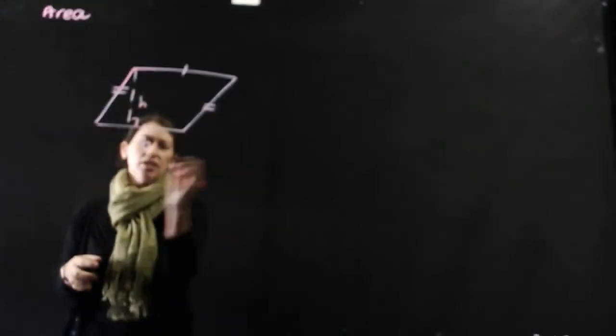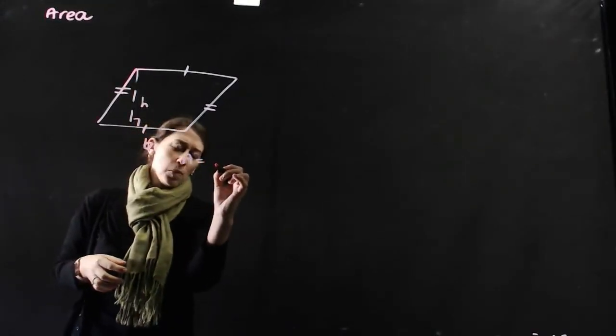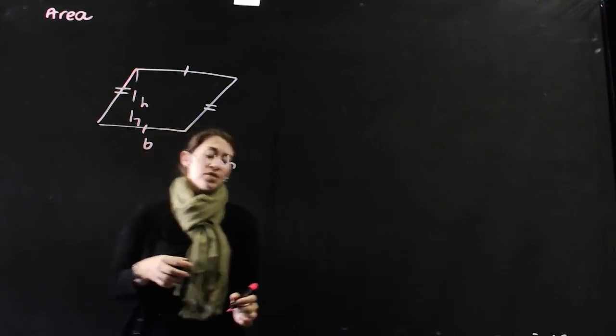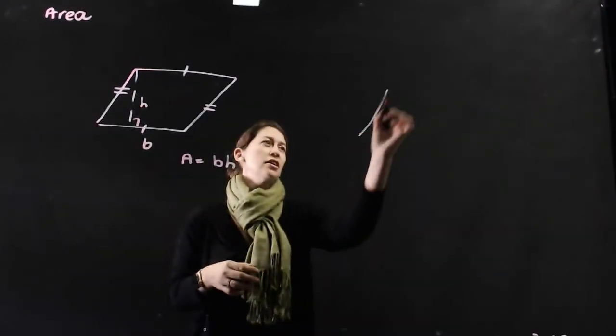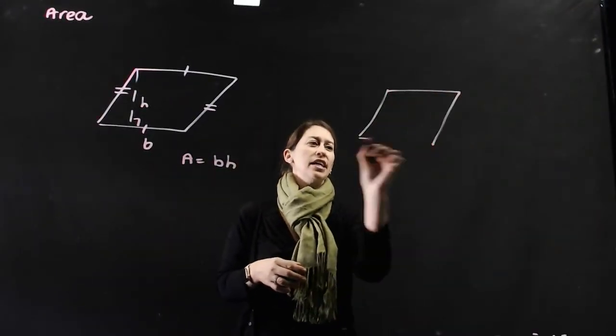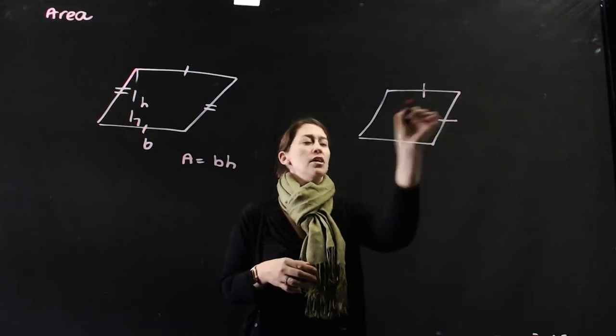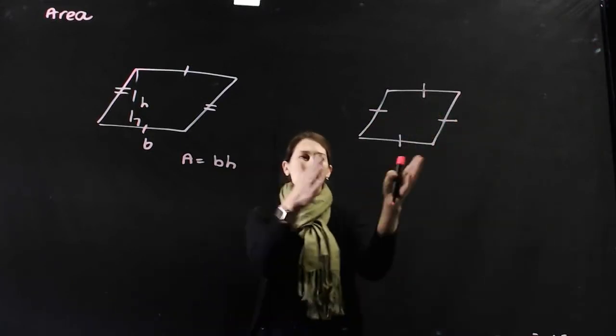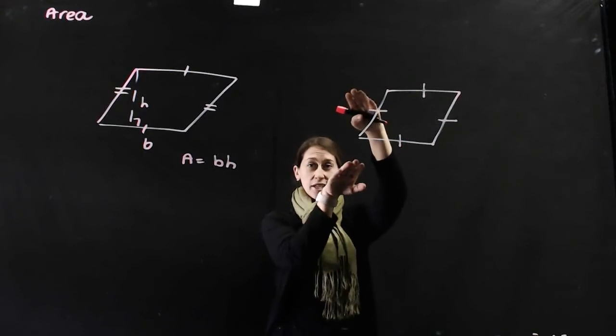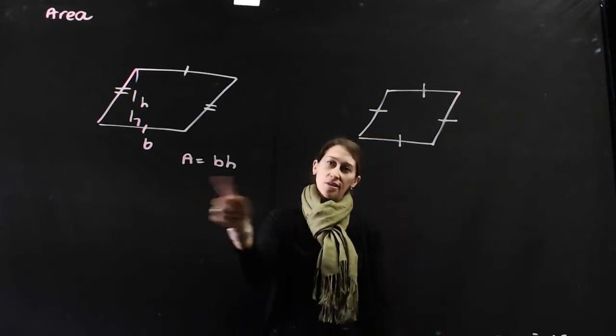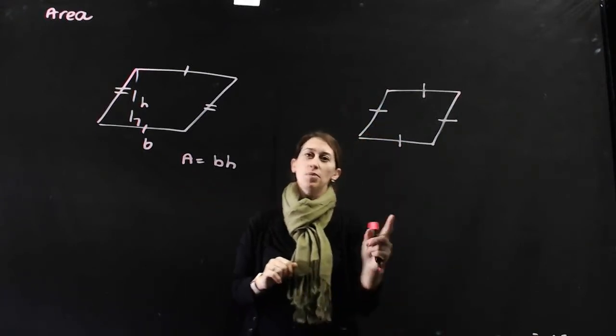Now the area formula for this is base times perpendicular height. Now that formula applies to a rhombus as well, and of course a rhombus is like equal sides all the way around. If you are given the base of a rhombus and the perpendicular height to that base, you can use this formula to work out the area of the rhombus.